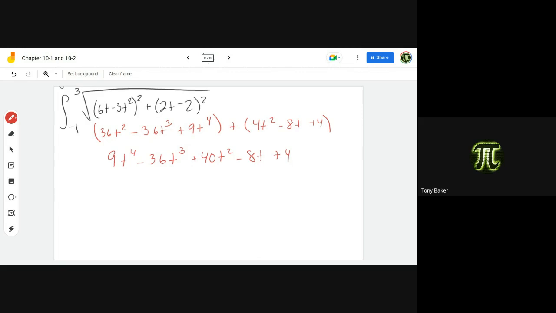Oh, this is going to suck. I don't think we can actually factor that. At least I don't see a way to factor it right now. I'm going to find out in a second, though.